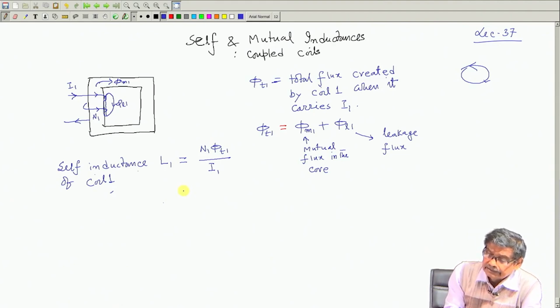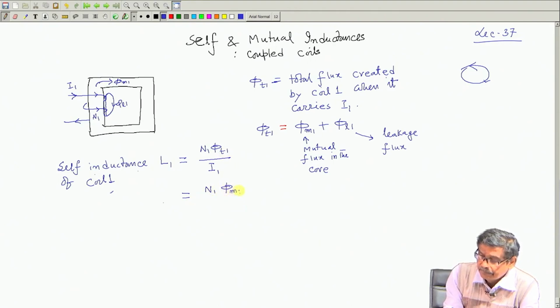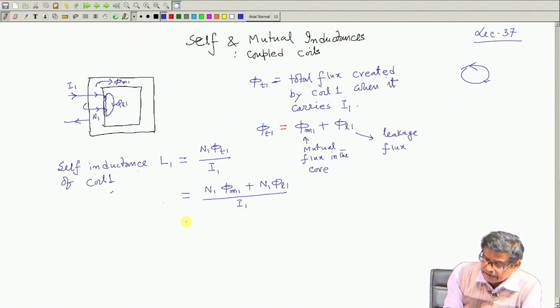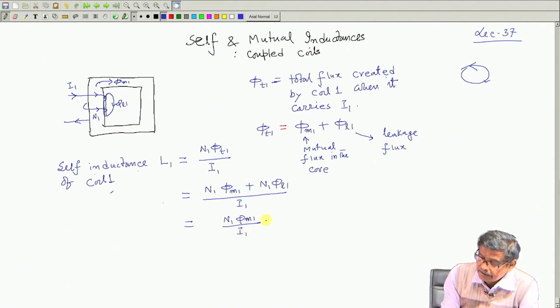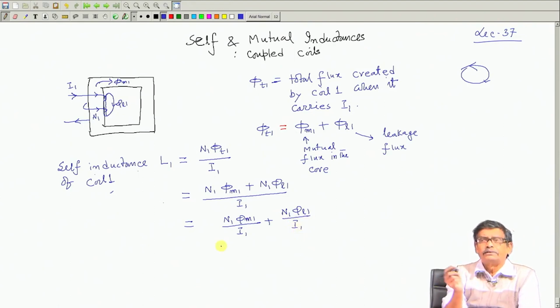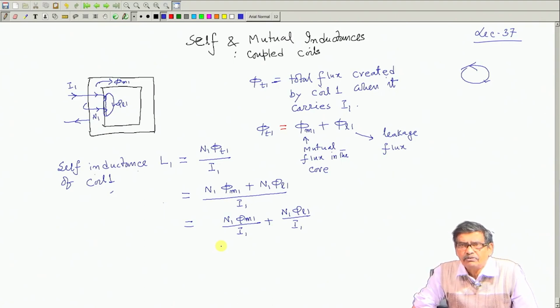This can also be written as N1 phi M1 plus N1 phi L1 divided by I1, that is, two components: N1 phi M1 by I1 plus N1 phi L1 by I1. Mind you, this leakage flux will be a little fraction of the total flux created.